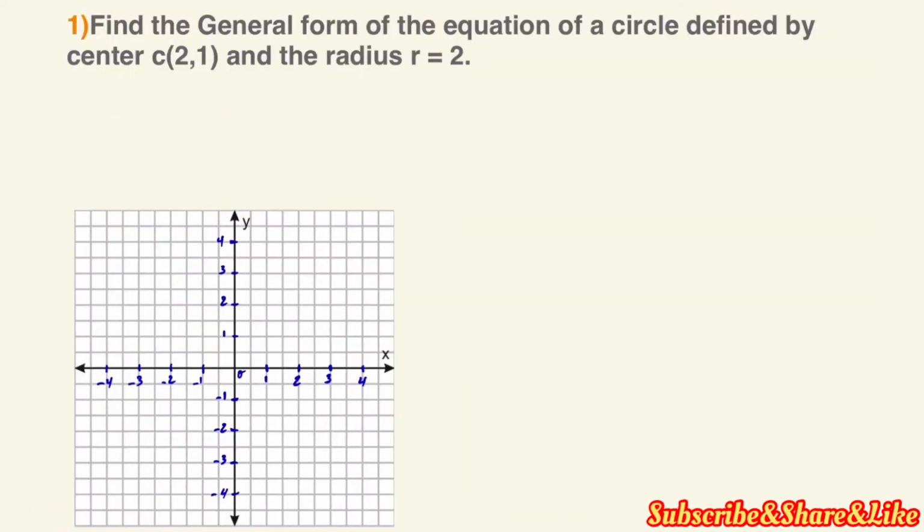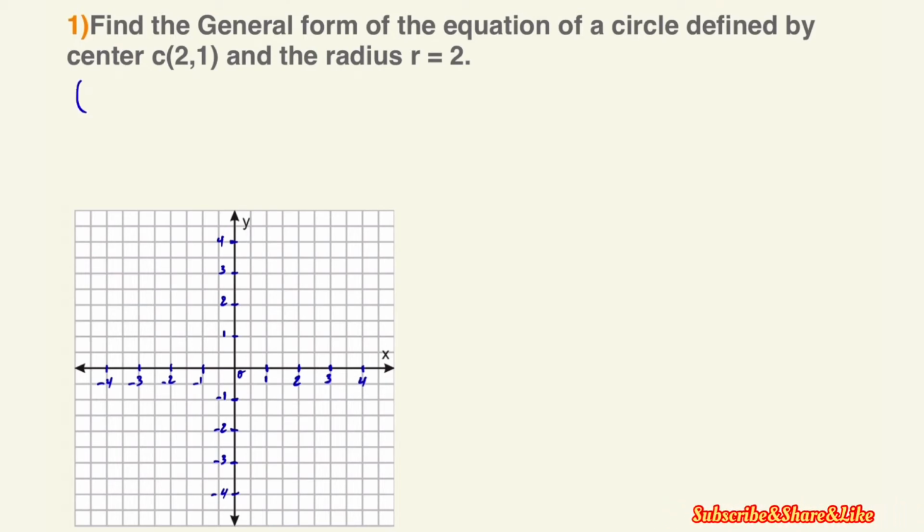The first problem says, find the general form of the equation of a circle defined by the center C (2, 1) and the radius of 2. So let's apply the standard form of the equation of a circle. Let's write it down.